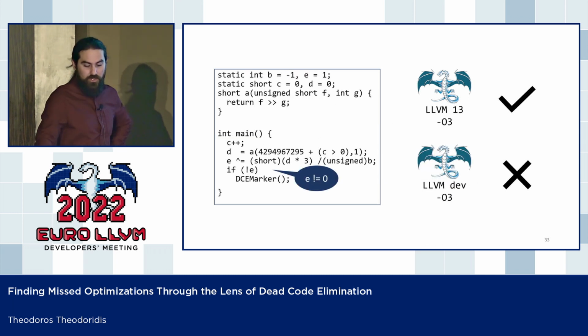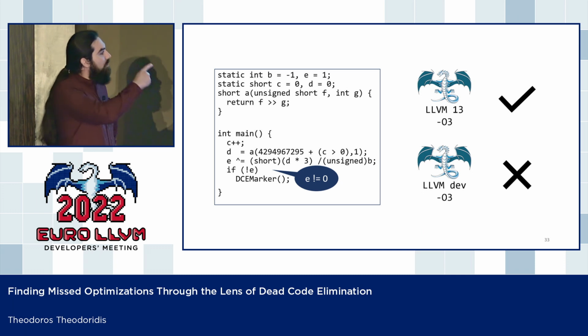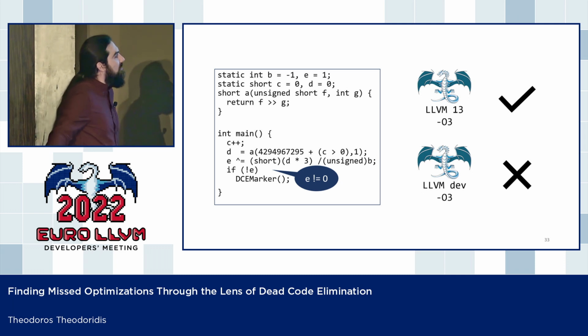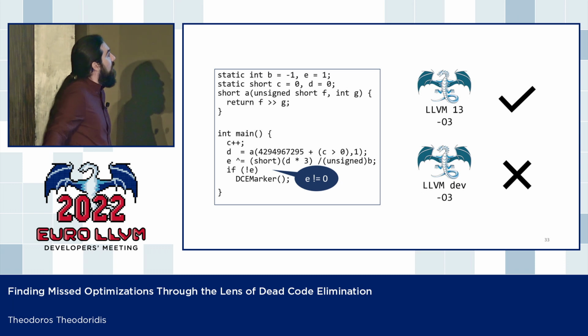And we can also find regressions. What we have in this case is a problem where, sometime between LLVM 13 and 14, the compiler stopped being able to eliminate this marker, and on the development branch it regressed, I don't remember exactly when, but a few months ago.